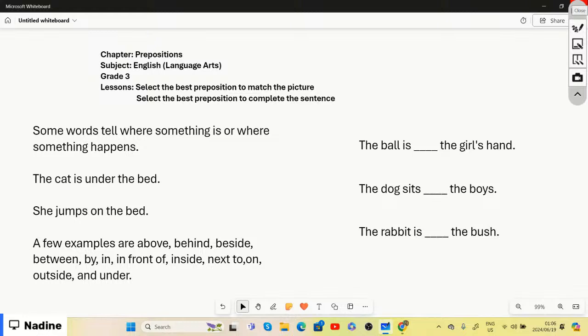All right, so we said that some words will tell us where something is or where something happens, and that is prepositions. Prepositions will tell us either where something is or where something happens, right?